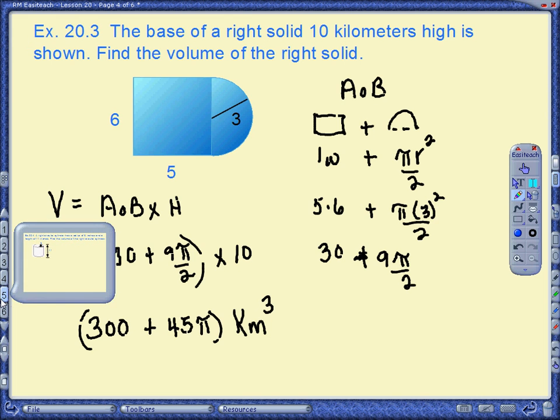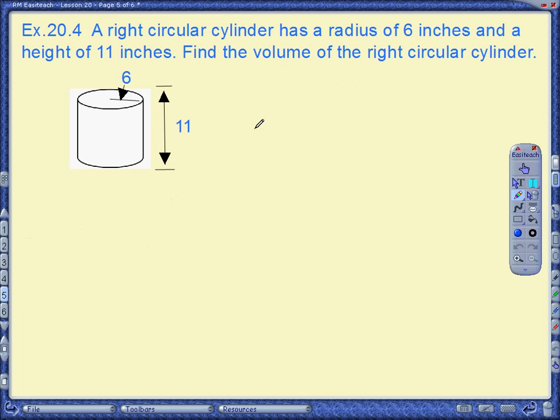How many does it contain inside? This problem is a little bit easier because it's not a composite shape. This is the base right in here. So we're going to write our general formula. Volume equals area of the base times the height. I'm going to substitute in for area of the base the formula for the area of a circle.